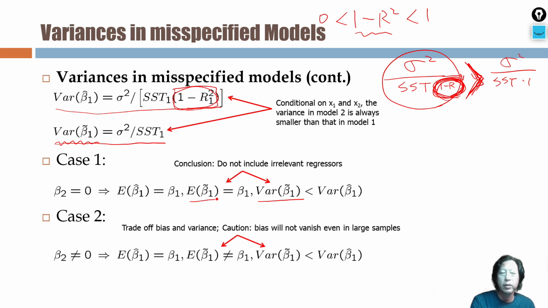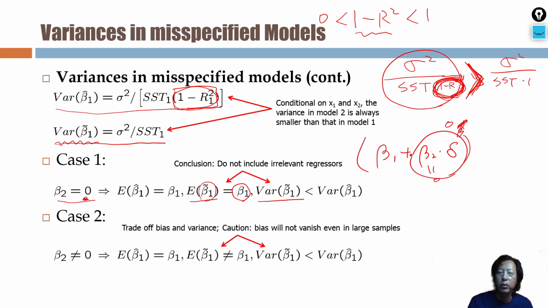And the expected value of this will still be beta 1 because this was 0. Do you remember the new beta 1 was beta 2 times this formula? We thought that if it's uncorrelated, this is 0, but that's the other case. This is the case where beta 2 is 0, so this will be 0, and our expectation is still the same. So we can get rid of the bias.